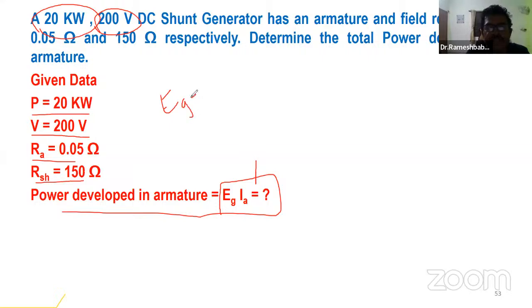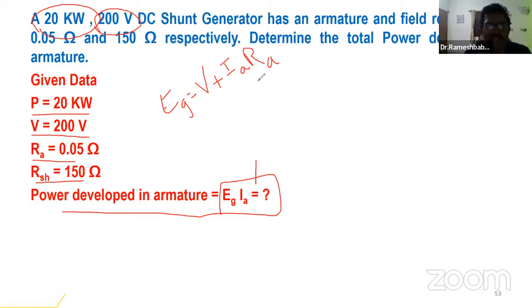EG is equal to V plus IA into RA. Yes, someone has responded. Very good, Priyadarshi. So V value is given, 200 volt, and RA value is given. But how to find the IA value for a shunt generator?